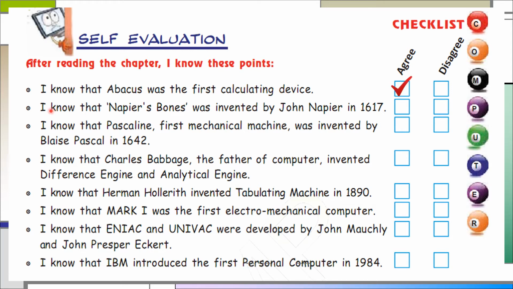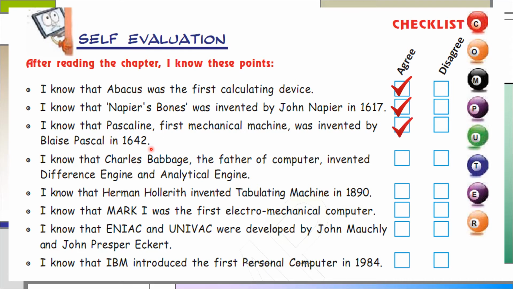Agree. I know that Napier's bones was invented by John Napier in 1617. Yes. I know that Pascaline, the first mechanical machine, was invented by Blaise Pascal in 1642.